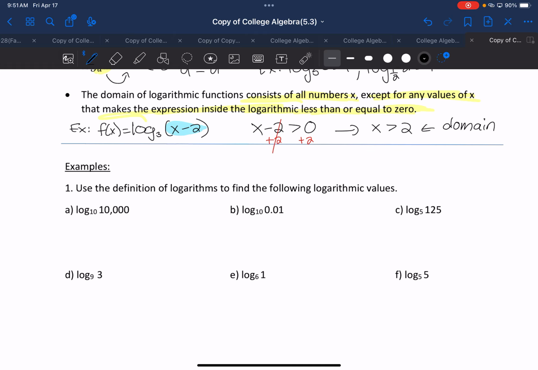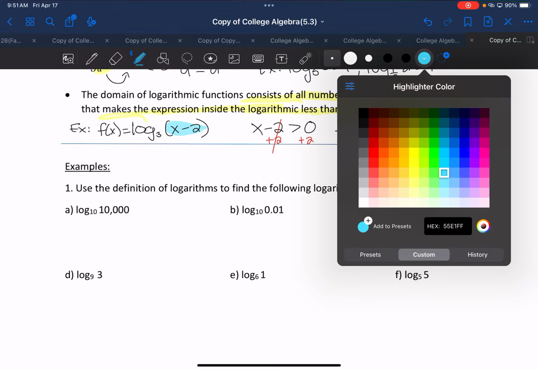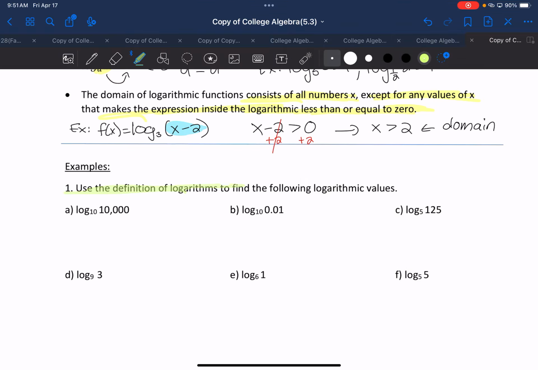So let's just do a couple of these examples here so that we can get familiar with what a log is. In Pearson, they're going to ask you questions like this. We are using the definition of logarithms to find the following logarithmic values.